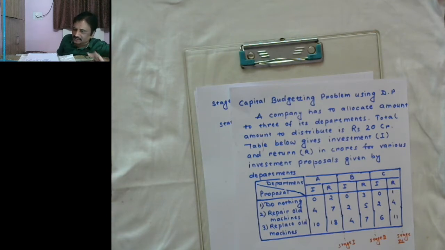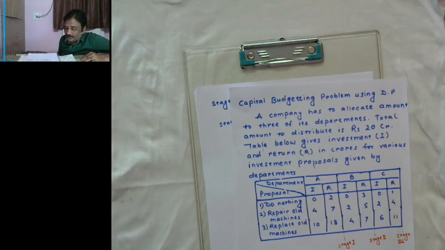You may invest nothing in department A because your concern now is just with department A. You may invest 10,000, 20,000, 30,000, 50,000, 1 lakh, or 10 lakh, 20 lakh, or various amounts you will be investing. Okay, so the assumed limit of the constraint will be a state for us.